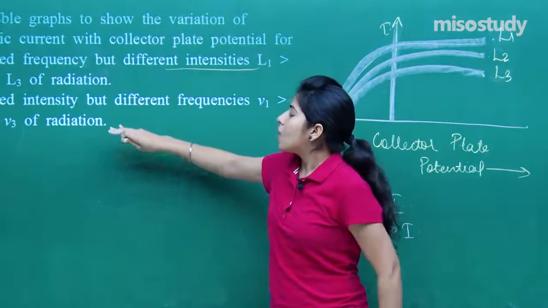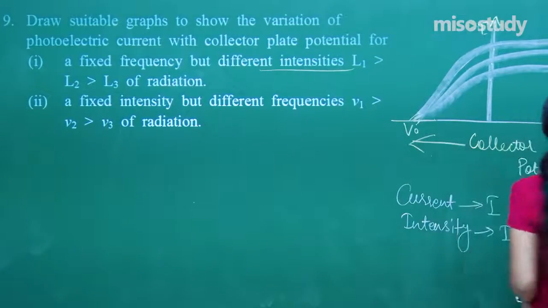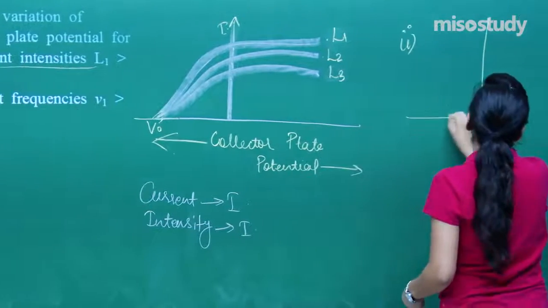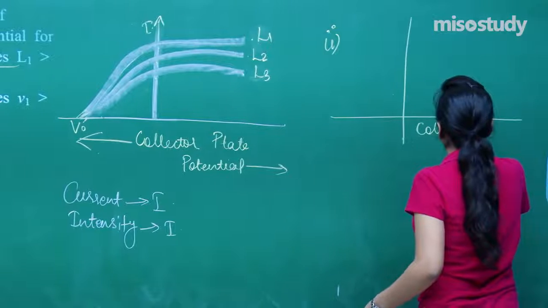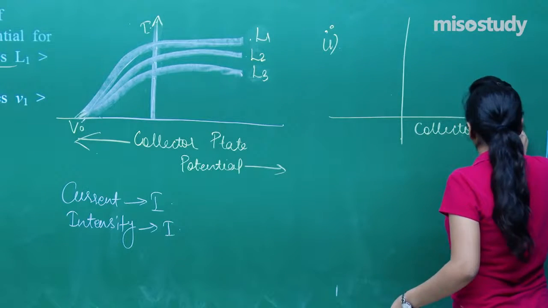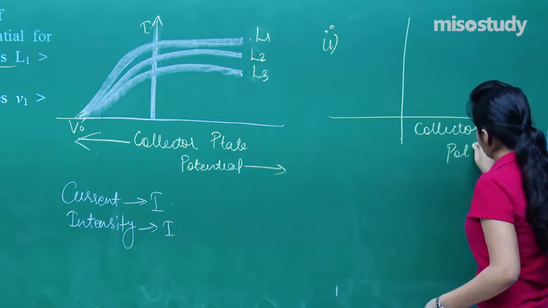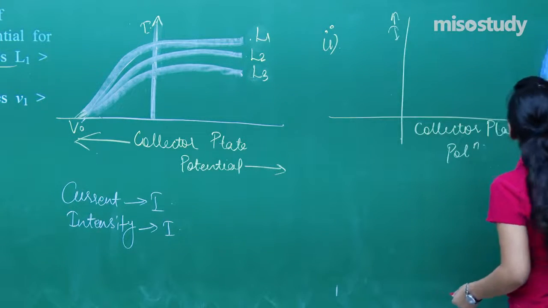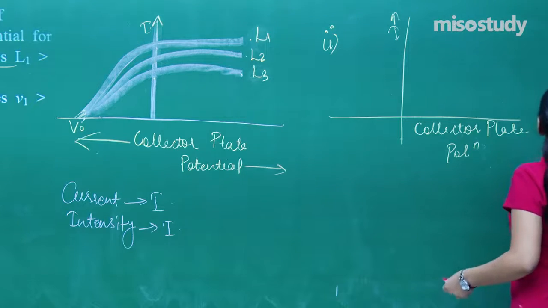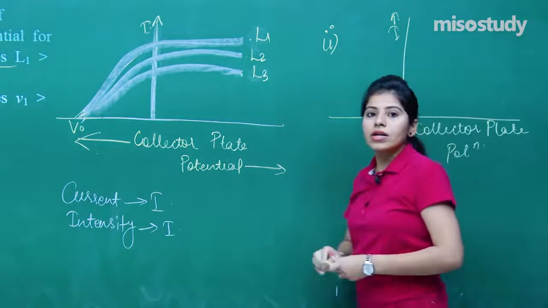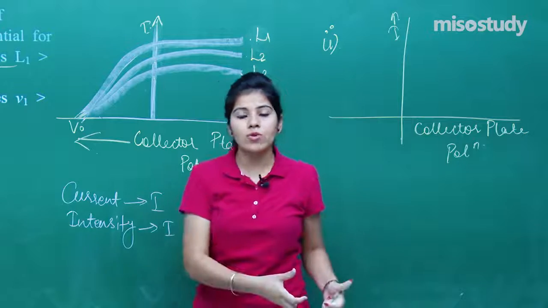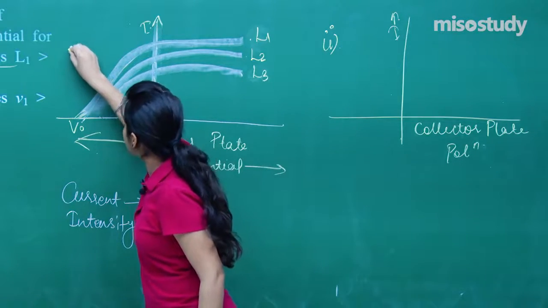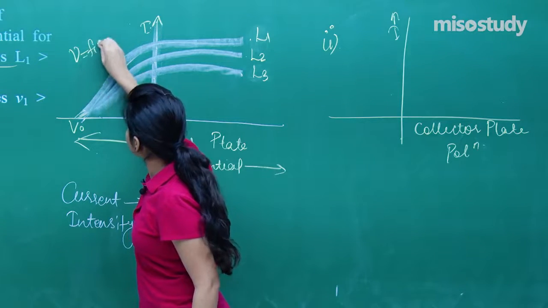The second thing, a fixed intensity but different frequency. For that, again we will draw the graph. This is the collector plate potential and this is the photoelectric current I. Now see, in the first graph you had the frequency nu fixed.